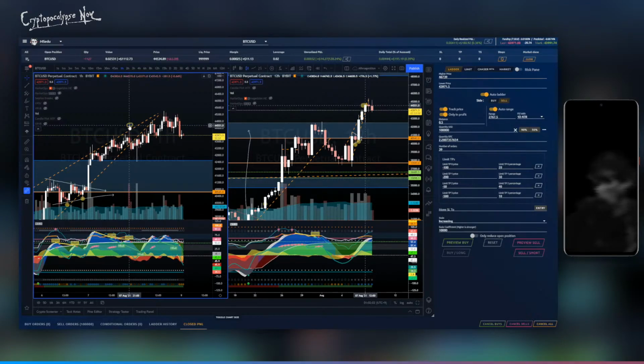We also chose to average in, and we chose to instantly take 90% profit when our target, which was to make $100 on this 1,700 dollar contract position, we actually exceeded that and made double that amount overnight.